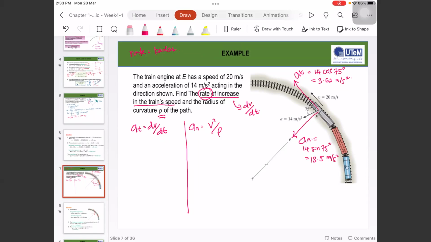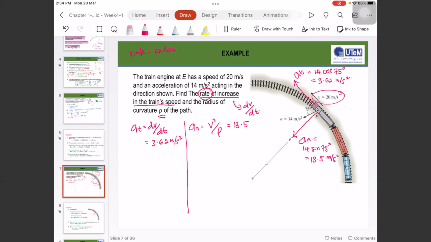So substituting, AT equals 3.62 meters per second squared. And then AN is equal to V squared over rho, which is equal to 13.5. Given V is equal to 20.